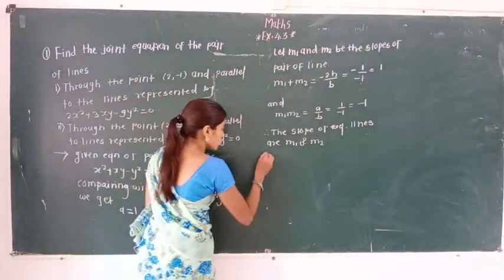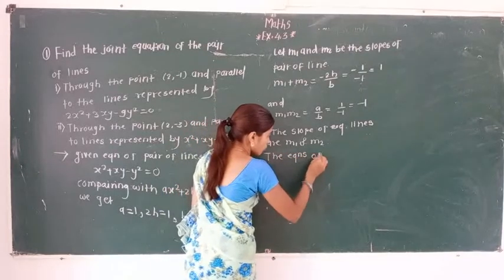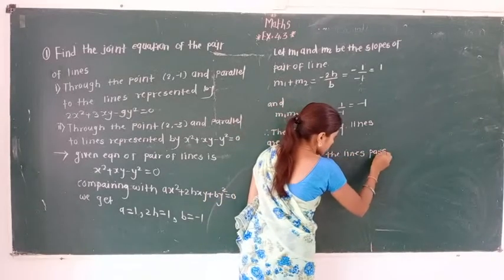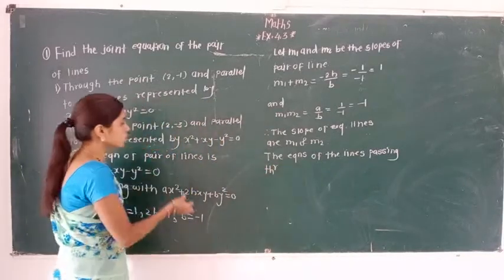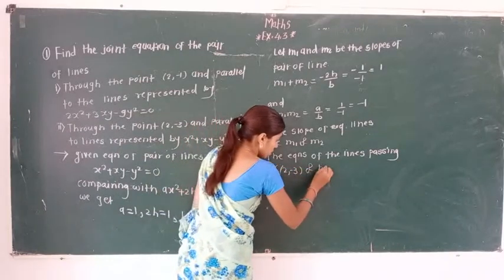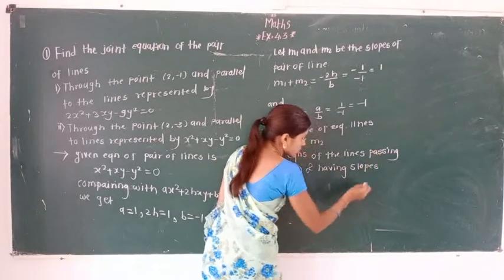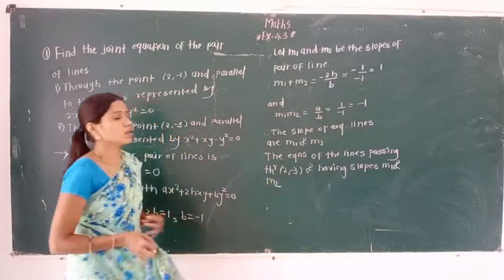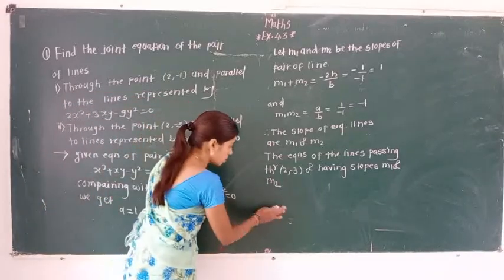Now to find the equations of the lines passing through the point (2, -3) and having slopes m1 and m2, we have to use the slope point form.